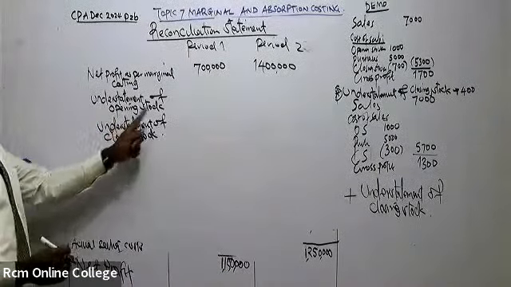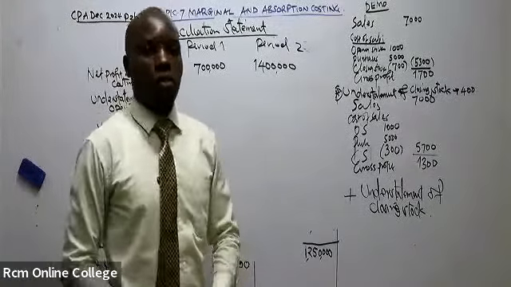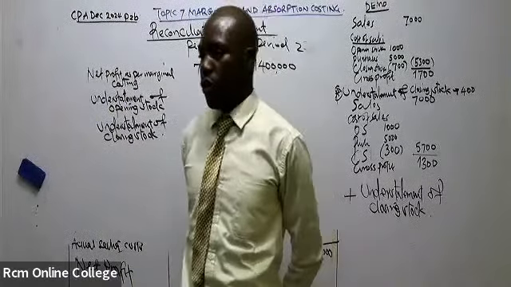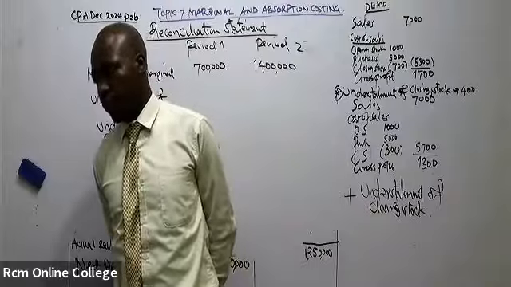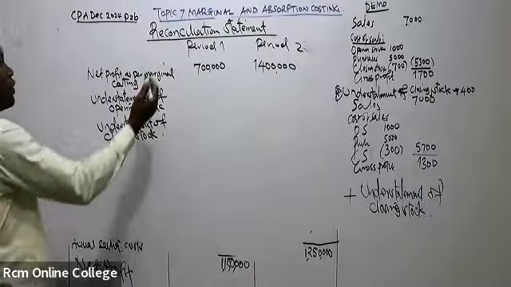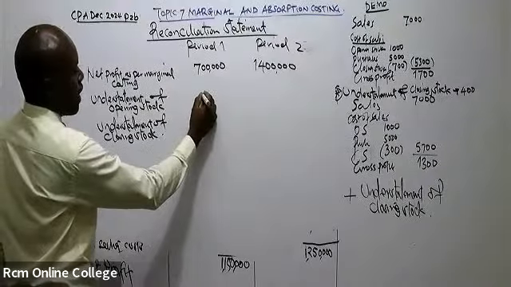Now, when you get to understatement of opening stock, were we having opening stock for period 1? So is there any understatement? No. Because we are not having opening stock for period 1, understatement will be a dash.